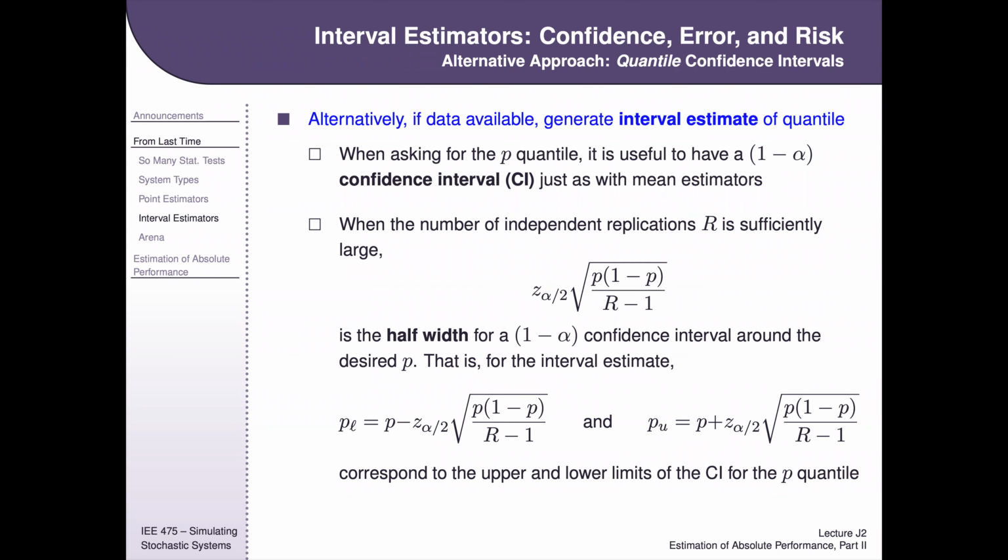This might make more sense down here. If you've asked me for the P percentile, I use that as the center of my confidence interval for the percentile. Then I subtract off of it this thing, which is going to be a number less than 1, and that will give me a lower bound on the P. Then I add it, and that will give me an upper bound on the P.